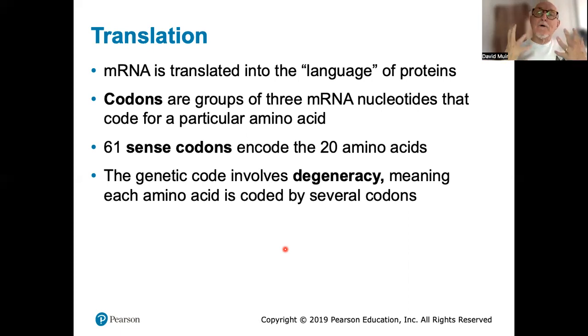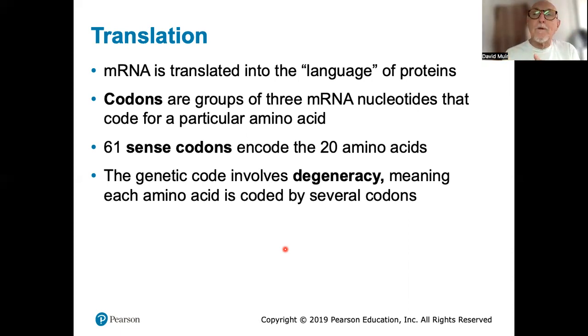And so we refer to this as degenerate or redundant code, because it means we've only got 20 amino acids and we've got 61 codons that could code for them. So for some amino acids, there are several different codons. For others, there's only one. But for many of the amino acids, there are several different codons that can code for them, and they all basically operate the same way.